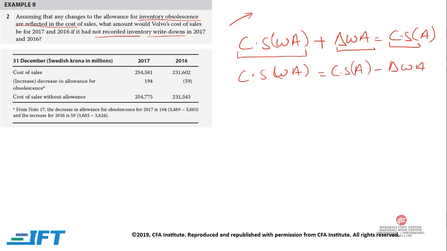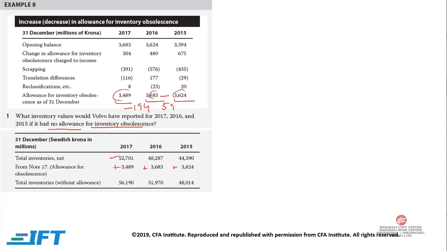Now our cost of sales with allowance is given as 254,581, and our change in valuation allowance was minus 194. So minus that will be added. In 2016 our valuation allowance increased by 59. So over here we can see that the valuation allowance increased by 59.